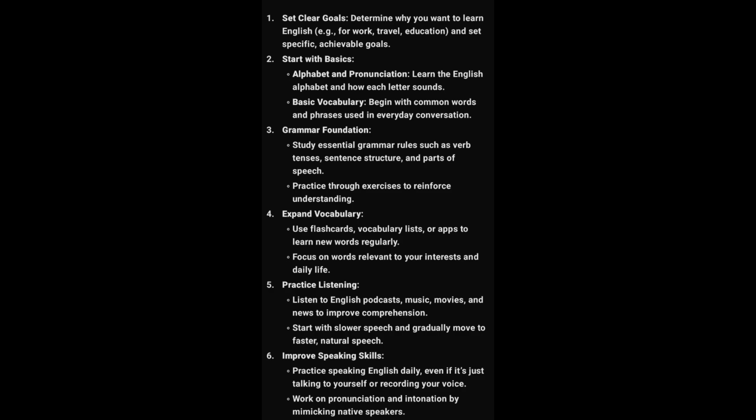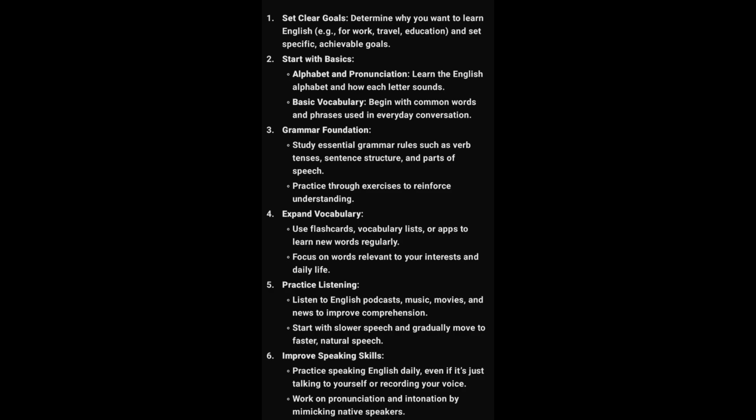Next step is improve speaking skills. It means practice speaking English daily, even if it is just talking to yourself or recording your voice. Work on pronunciation and intonation by mimicking native speakers. It simply means you have to be regular in practice.